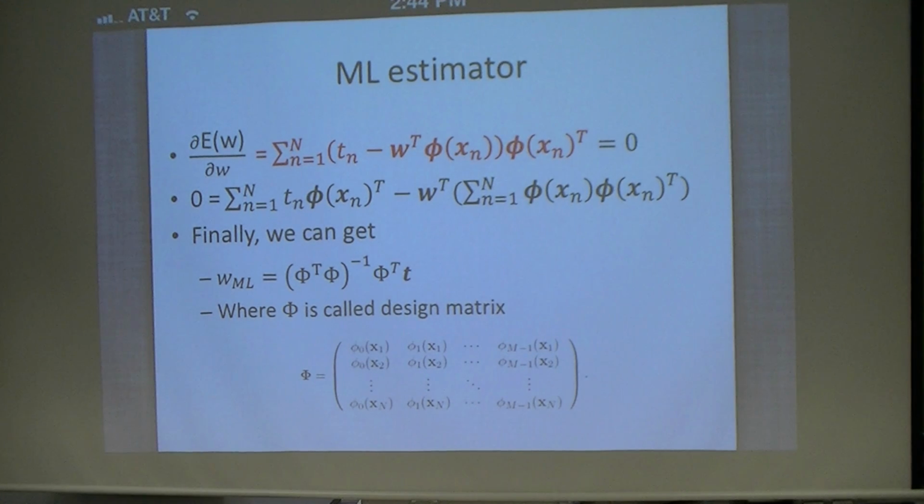Finally, we can express this in matrix form, where the capital matrix Phi is called the design matrix. This is just a quick review of ordinary linear regression, and it has been talked about many times by many people in this meeting.